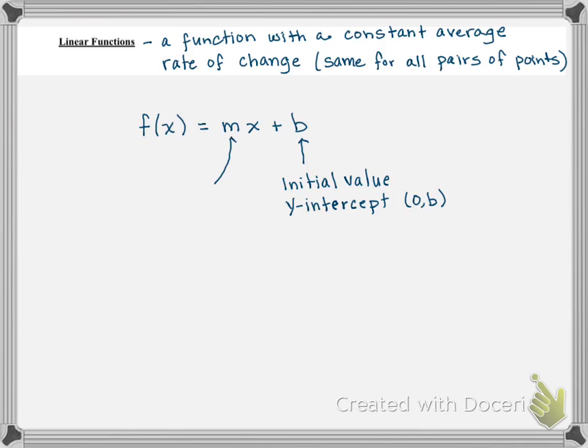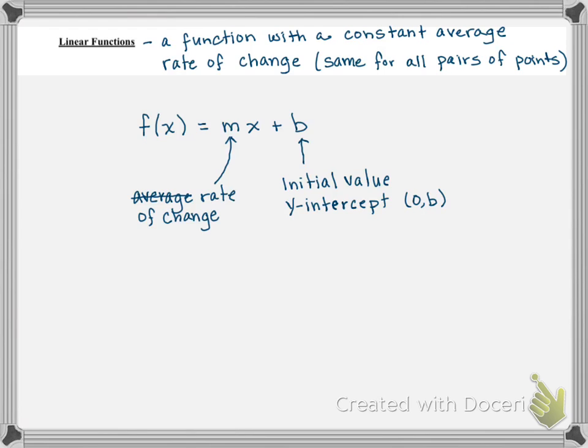And then m, which is the coefficient or the number being multiplied by the variable, that's our average rate of change. And in fact, because it's linear, we don't even need the word average because it's the same all the time. So we're not averaging it over a certain interval.